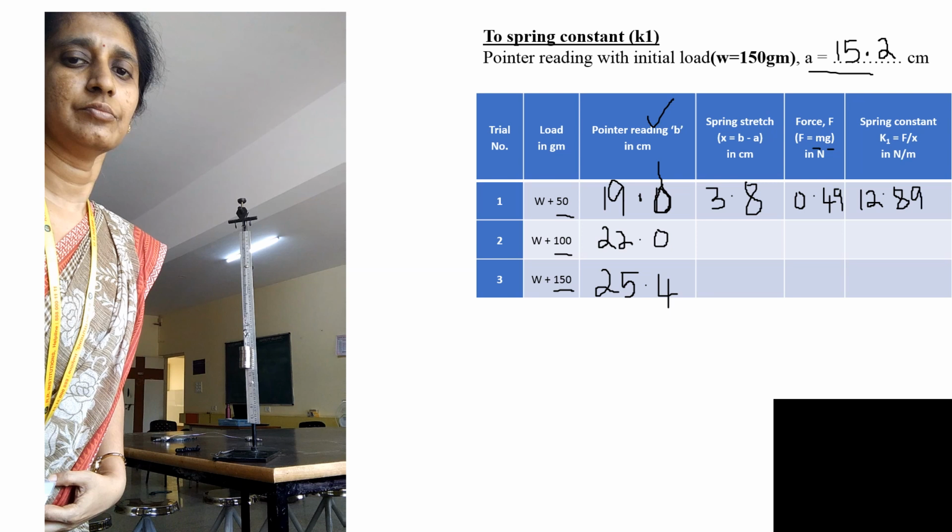Similarly, do calculations for 100 gram and 150 gram. Then take the mean of that. For 100 gram, K comes out to be 14.41.